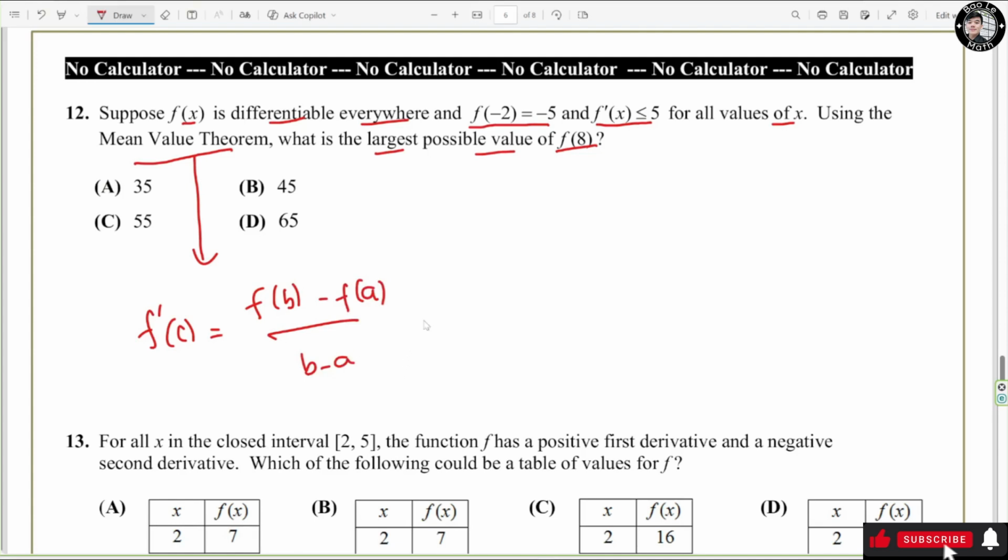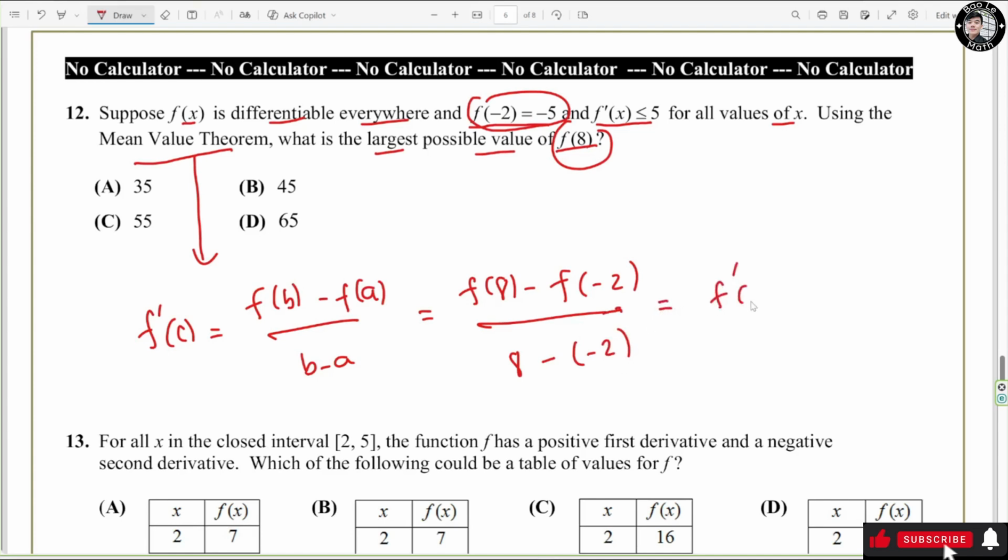So f of a is right here, f of b is right here. So we substitute. We have f of 8 minus f of -2 over 8 minus -2, and this is f prime of c.